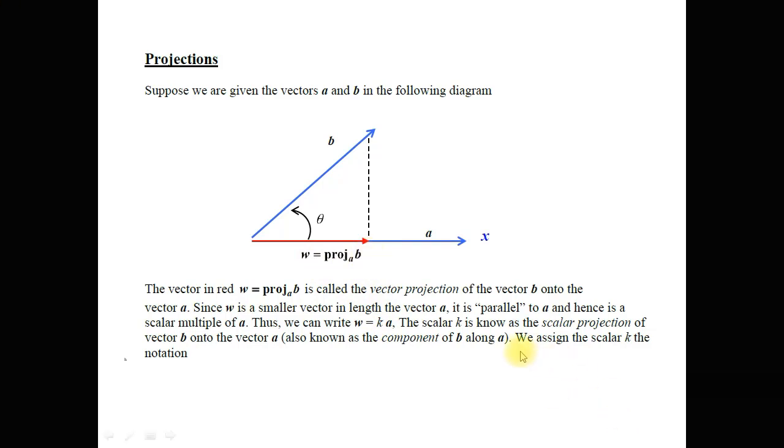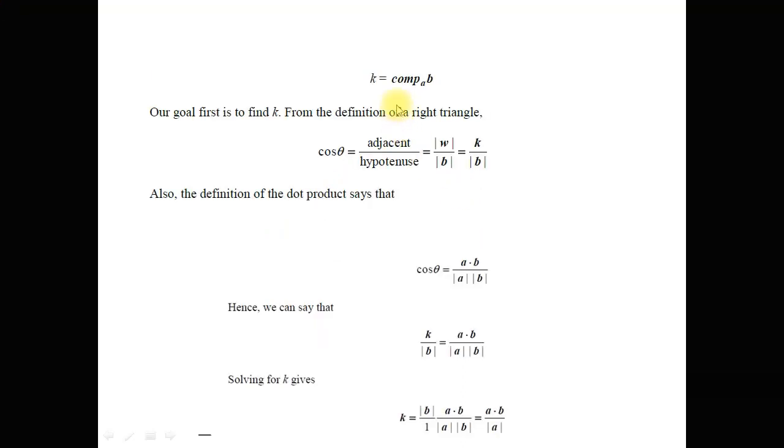The scalar k is known as the scalar projection of vector B onto the vector A, also known as the component of B along A. We assign the scalar k the notation k is equal to the component of B along A. Our goal first is to find k here.